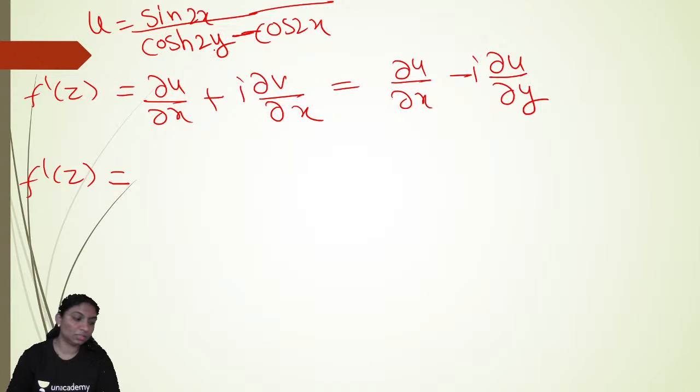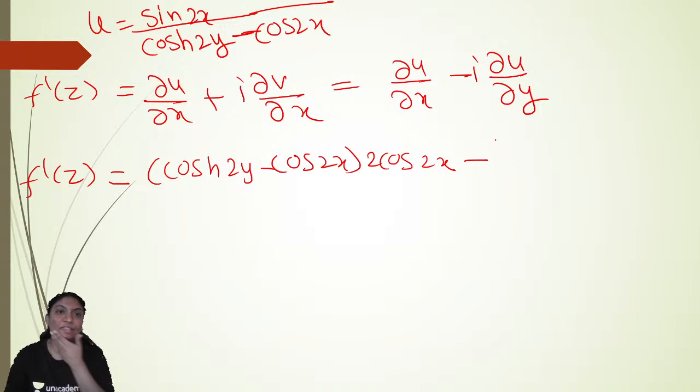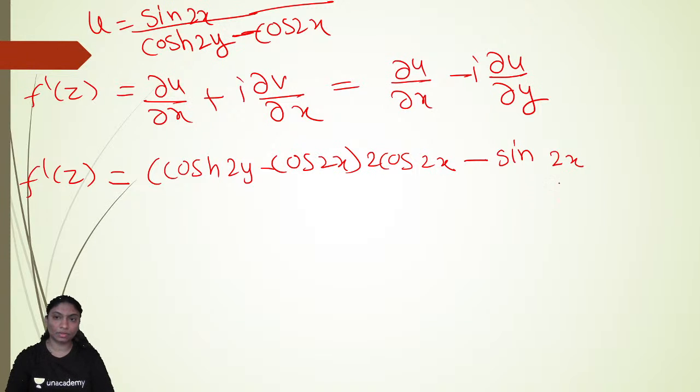So del u by del x, you will get here cos h2y minus cos 2x into 2 cos 2x, minus sin 2x into, we will get here derivative of this cos h2y, 2 sin h2y, minus plus 2 sin 2x, right?